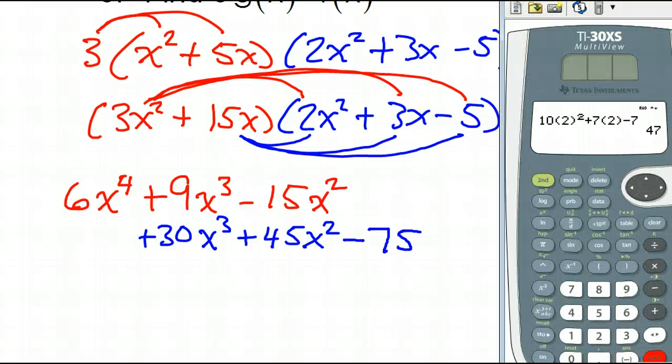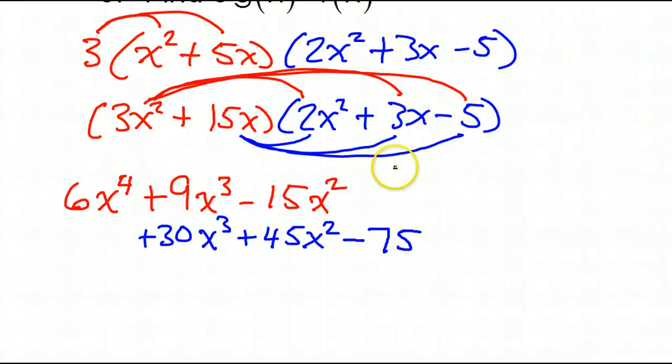Okay, you know what? You can feel free to use a calculator if you need to. So I had to think about it for a second. 15 times 5 is 75. So negative 75 in this case. And then we have the x that's there. Okay, so that's it. There was no like term for that.